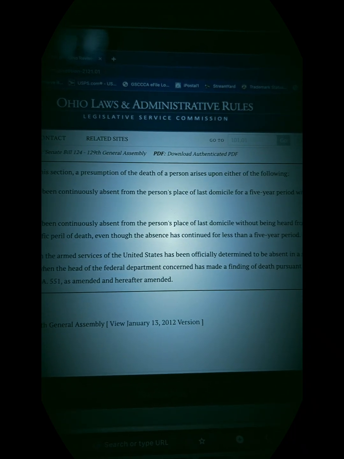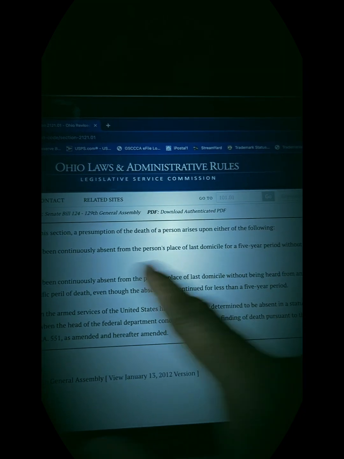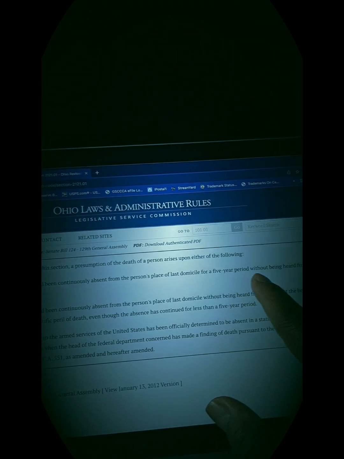That's like, say, 9/11 as an example. Even though the absence has continued for less than a 5-year period. So either you've been missing for 5 years and they haven't heard from you, there's nothing on the record to prove that you're still alive. After 5 years, that's also a status of being incompetent or incapacitated.